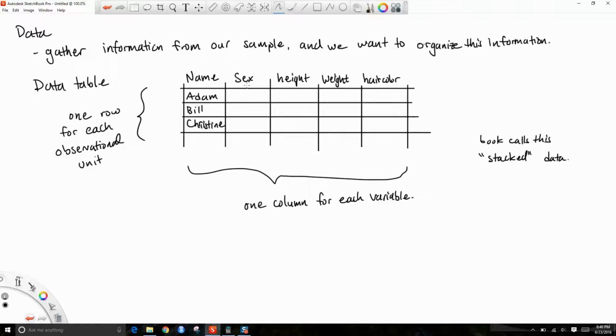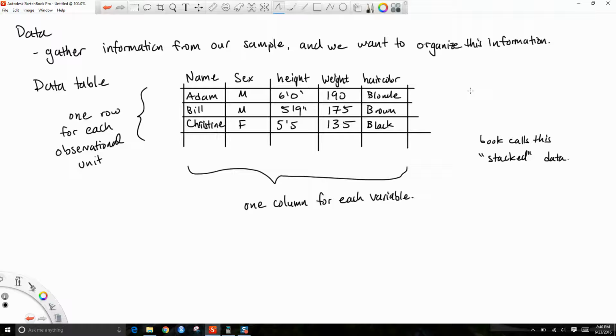Maybe Adam is male and Bill is male and Christine is female, and Adam is 6 feet and Bill is 5'9". Christine is 5'5". I don't know, 190 and 175 and 135. Hair color, we'll say blonde, brown, black, something like that, okay?